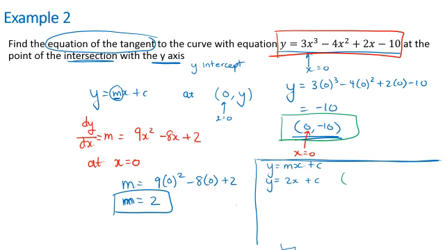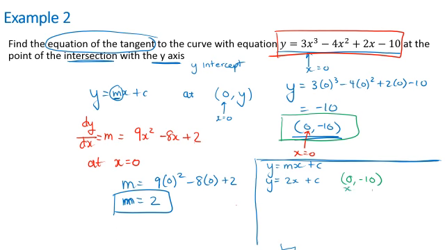Let me just read that again. Find the equation of the tangent to the curve at the point of the y-axis intercept. So at x equals 0, y equals negative 10, they want you to find the tangent at that point. So the point is 0, negative 10.